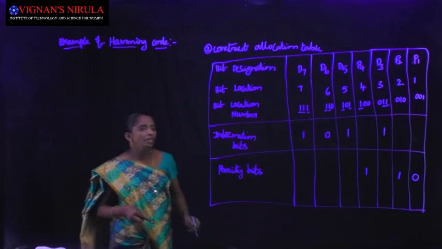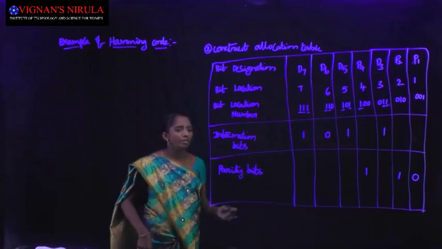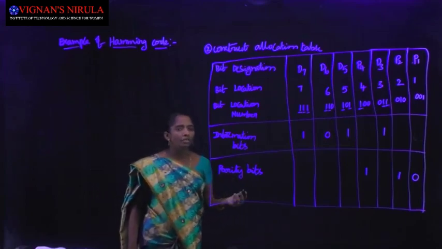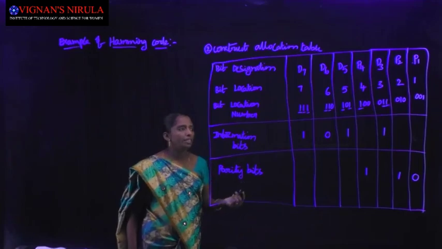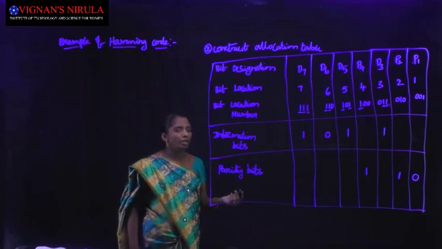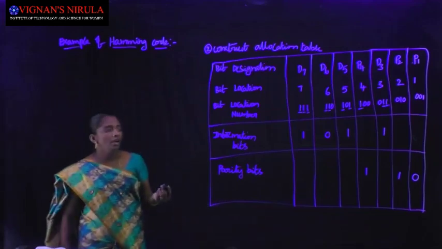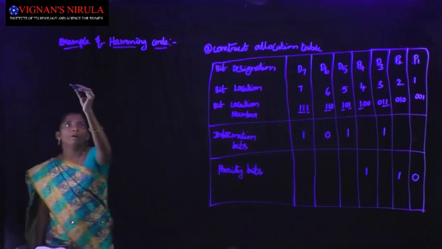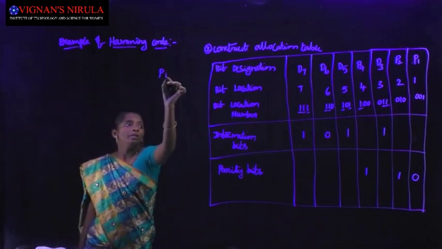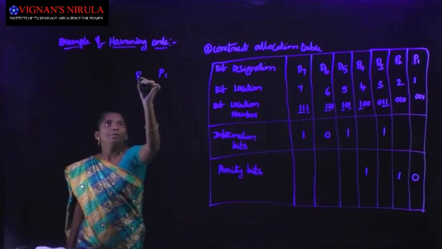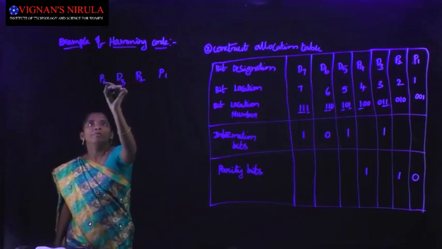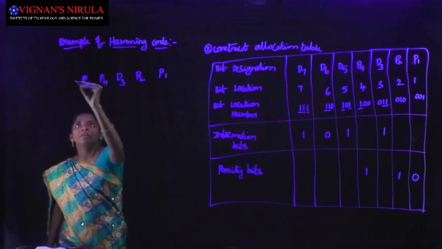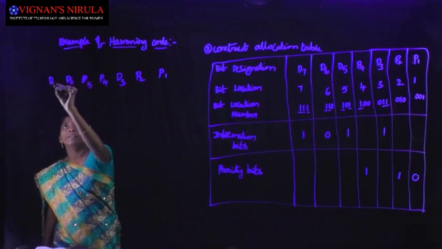Now write the parity bit assignment table. The parity bits are determined as 1, 1, 0, and we write them in the bit allocation table. Now write the 7-bit Hamming code: P1, P2, D3, P4, D5, D6 and D7.